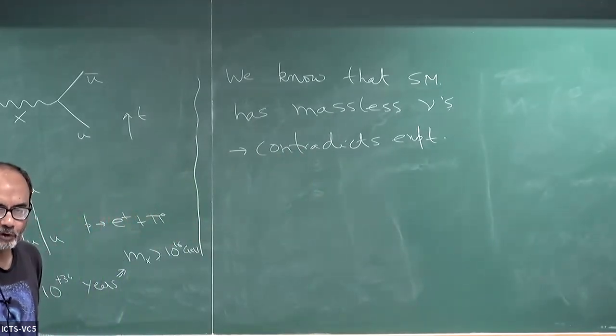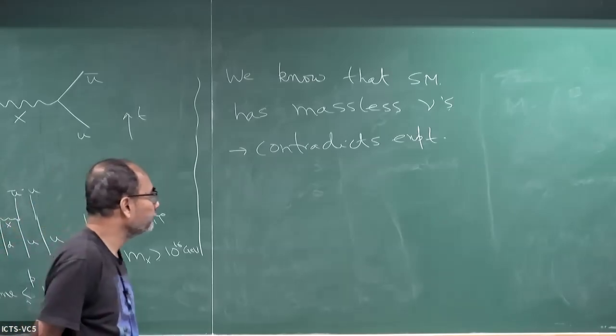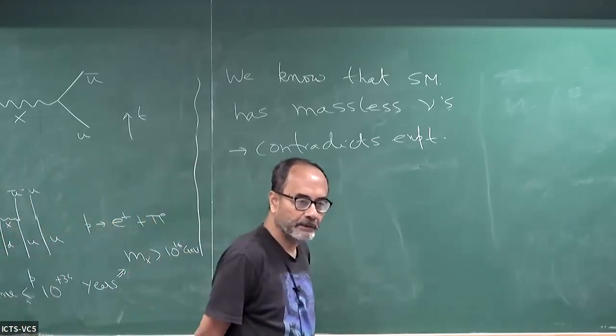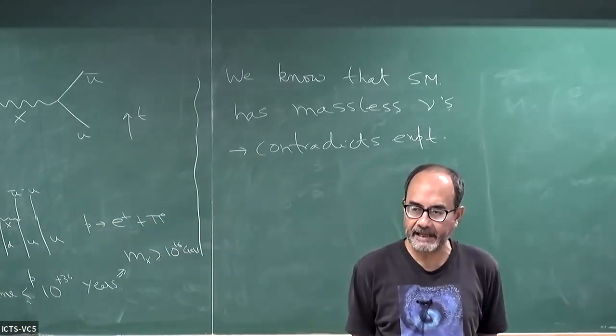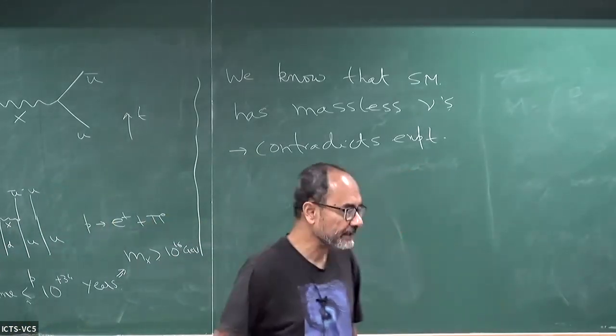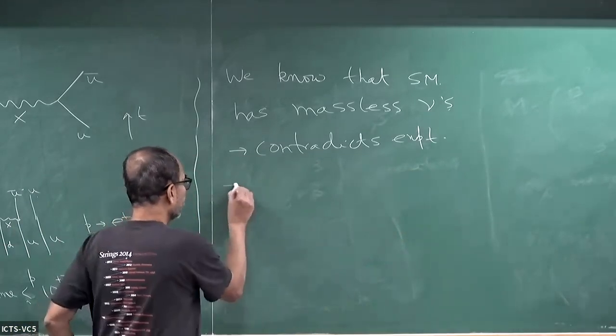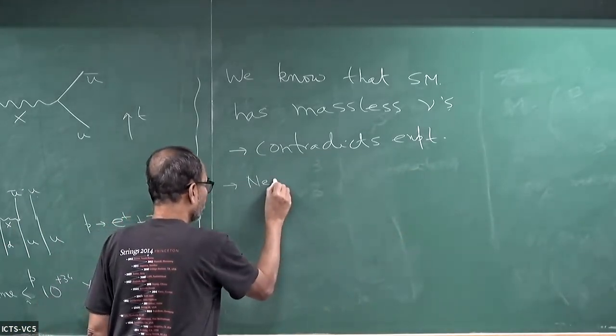Right? Because you know the neutrinos are massive in experiment. And in order to give mass to the neutrinos, we need to introduce right-handed neutrinos.